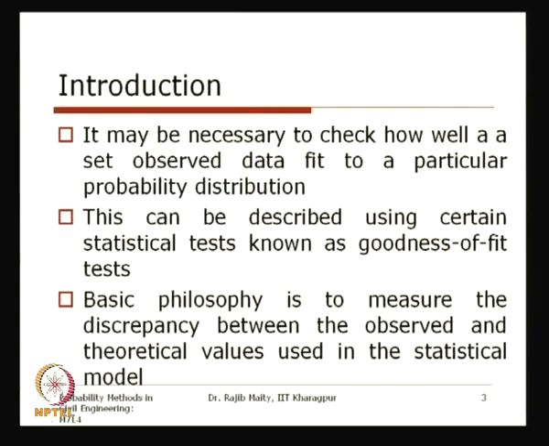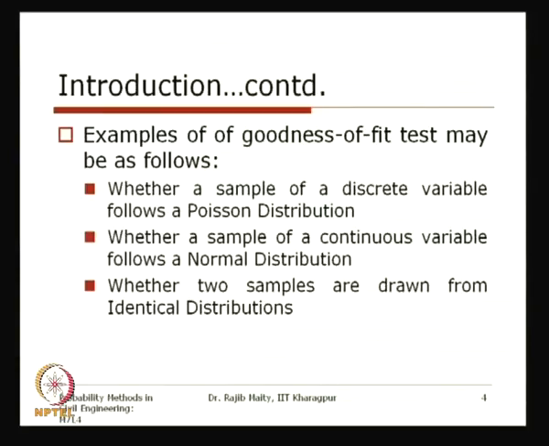Whether those theoretical values and the observed values from this data are matching or not, that discrepancy we have to see, and we have to draw some inference in a statistical way.